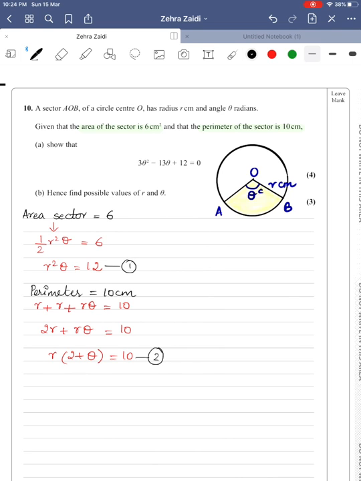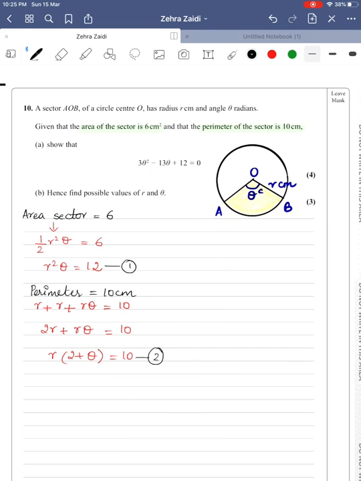Now, we need to show that 3 theta squared minus 13 theta plus 12 is equal to 0. We must be able to observe here that we only have theta. We do not have r. So, we must make r the subject of the formula in order to obtain this equation.